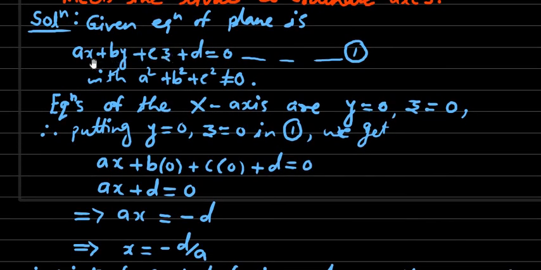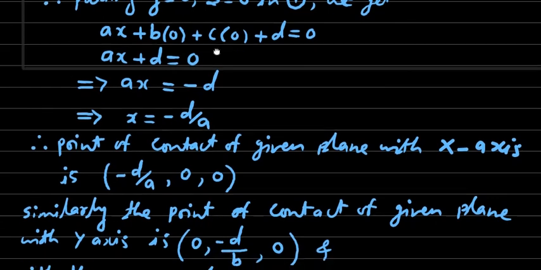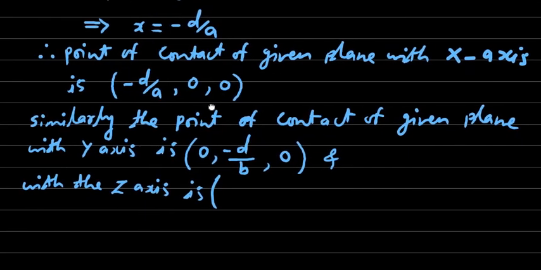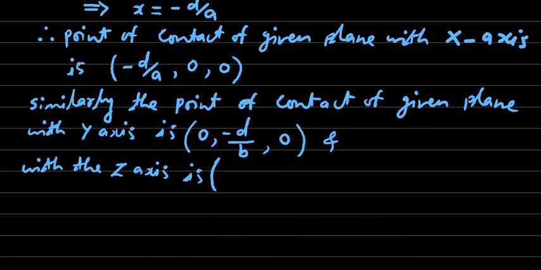Therefore if we put x equal to 0 and y equal to 0 in this equation of the plane, we will get cz plus d equal to 0, which implies cz is equal to minus d, so z equal to minus d by c. So the z coordinate of the point of contact will be minus d by c, and as that point is on the z-axis, its x and y coordinates are obviously 0. Therefore the point of contact of the given plane with the z-axis will be the point 0, 0, minus d by c.